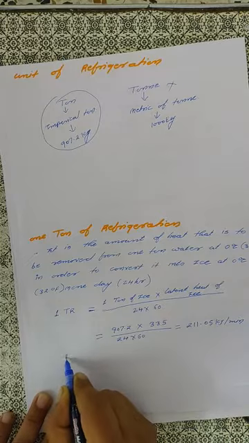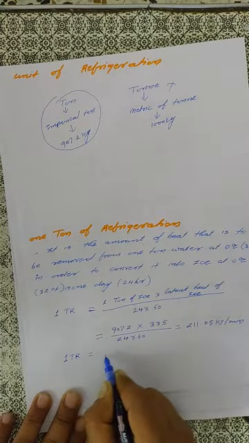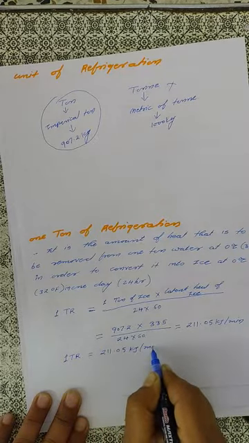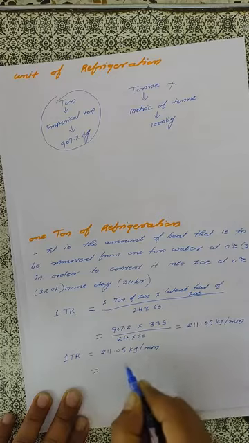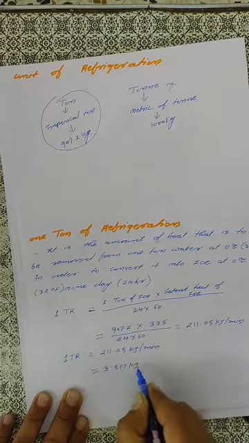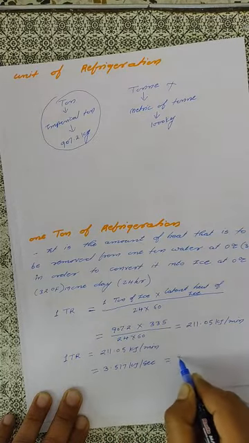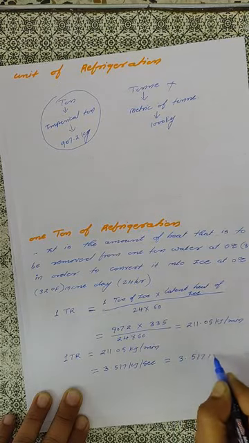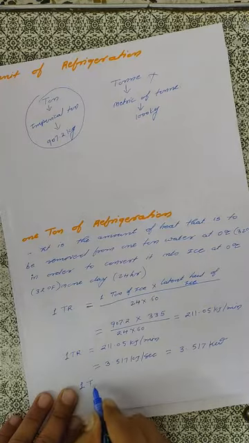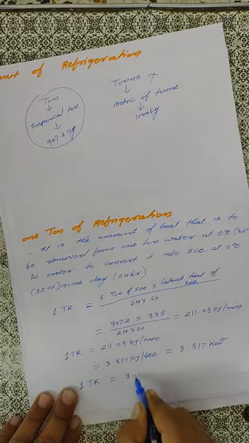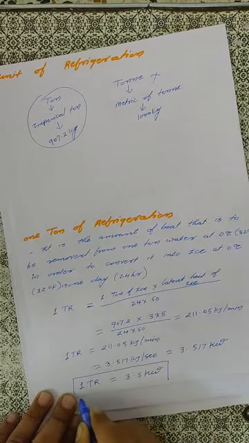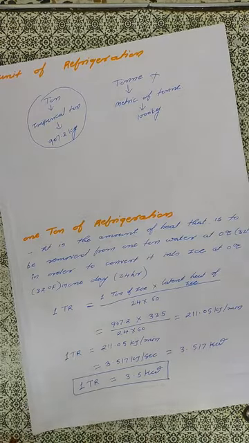Means for 1 TR you get 211.05 kilojoule per minute. If you convert this into kilojoule per second, dividing by 60, you get 3.517 kilojoule per second, that is nothing but 3.517 kilowatt. Here we are using the relation 1 TR equals 3.5 kilowatt. That is, 1 ton of refrigeration is nothing but 3.5 kilowatt.